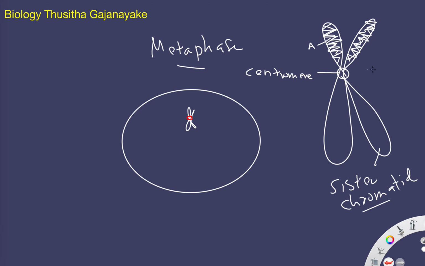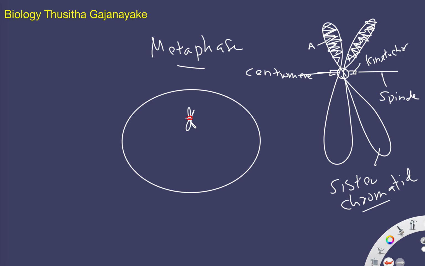So this is the appearance of the chromosome now. Now here the centromere is attached to another structure called the kinetochore, to the spindle. This is the spindle formed by the centriole, and this one is the kinetochore.